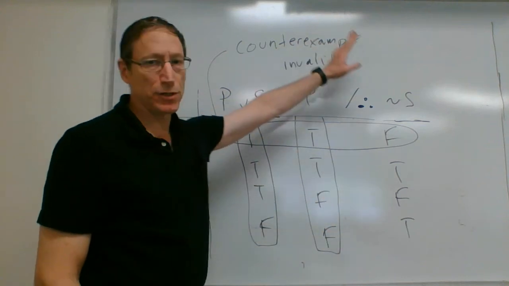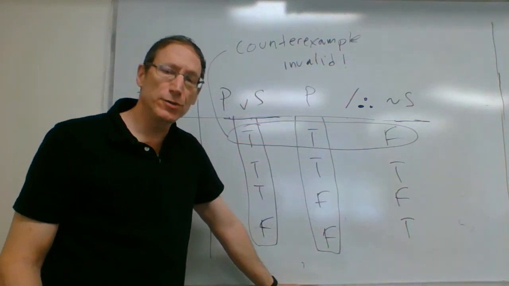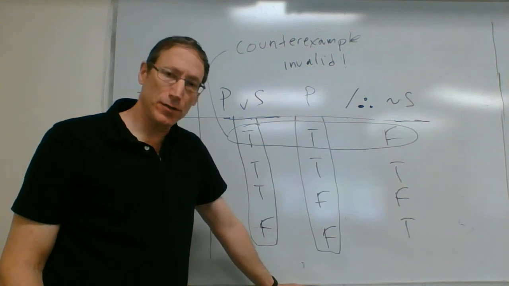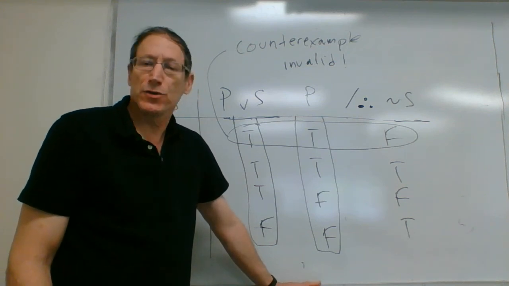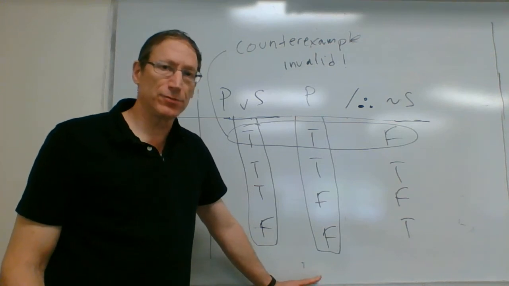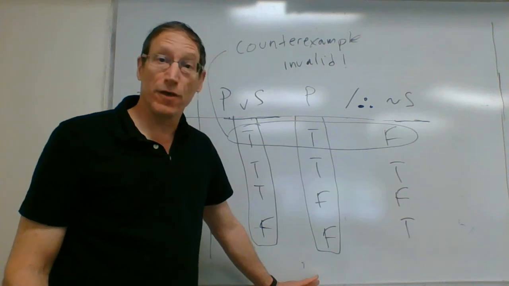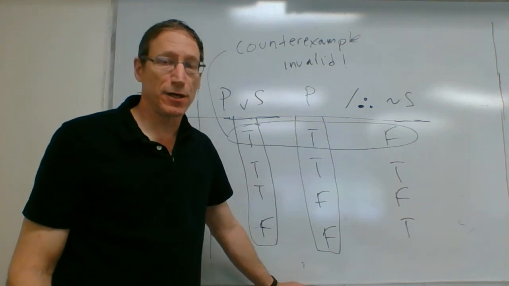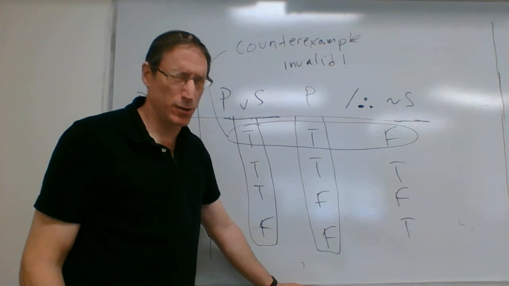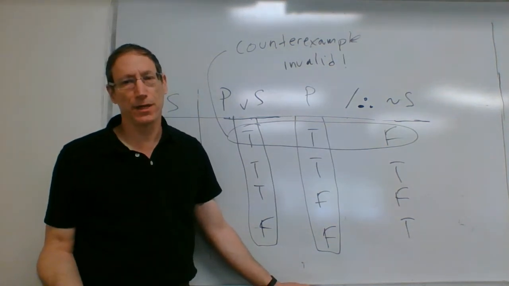And then once you do the conclusion, you look at all those rows where the conclusion is false. Because on those rows where the conclusion is true, you know you're not going to find a counterexample. So you can basically ignore them. Once you've shown that on those rows the conclusion comes out true, you don't need to examine what the premises come out to be.